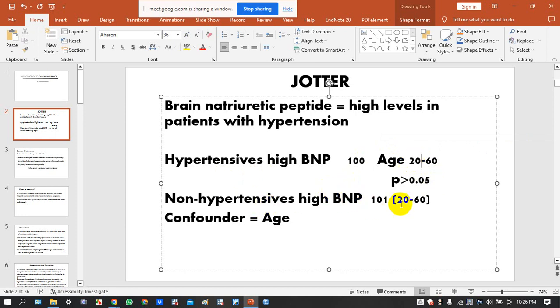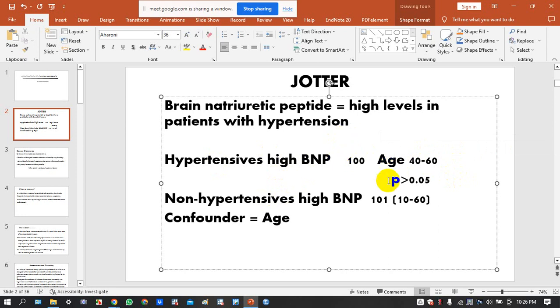Then the non-hypertensives too, we were supposed to pick people from 45 to 60 because it has to be the same as here. But imagine here we pick people who are 10 to 60, and here we pick 40 years to 60, and we are comparing these two groups.